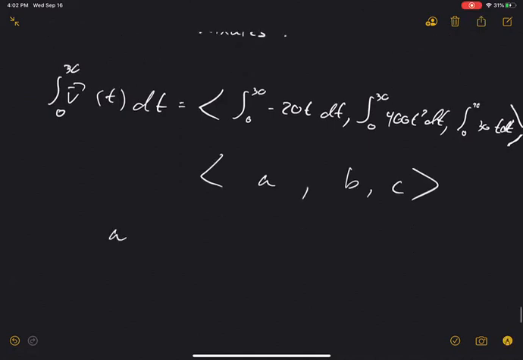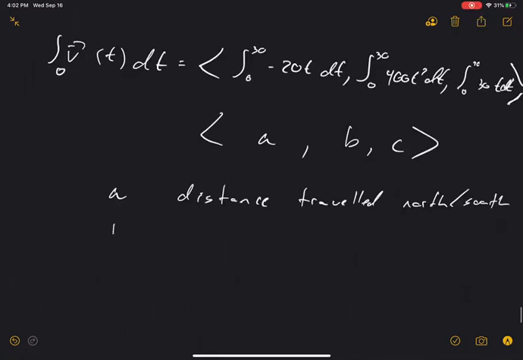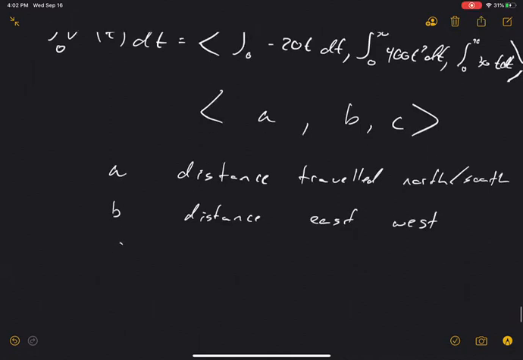Well, a would be the distance traveled north-south. B is distance east-west. And then C would be vertical distance, up-down.